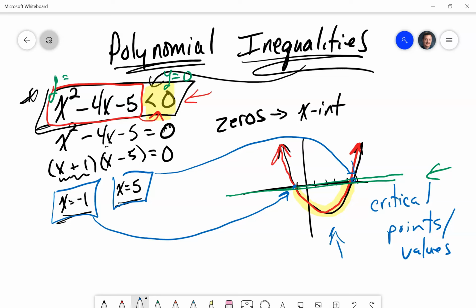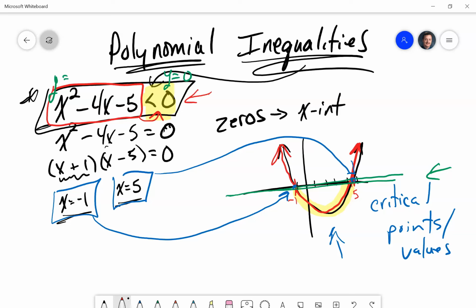Now if we were writing this out as an interval, it starts below 0 here, and then it goes back up here. So if you remember what those critical values were, the -1 and the positive 5, putting all this together, I could say that it is below 0. Remember, that was the question: where is the function below 0?